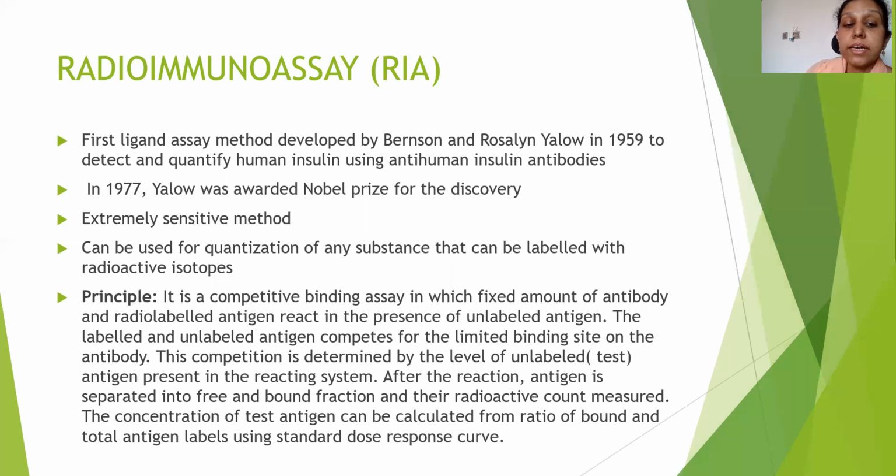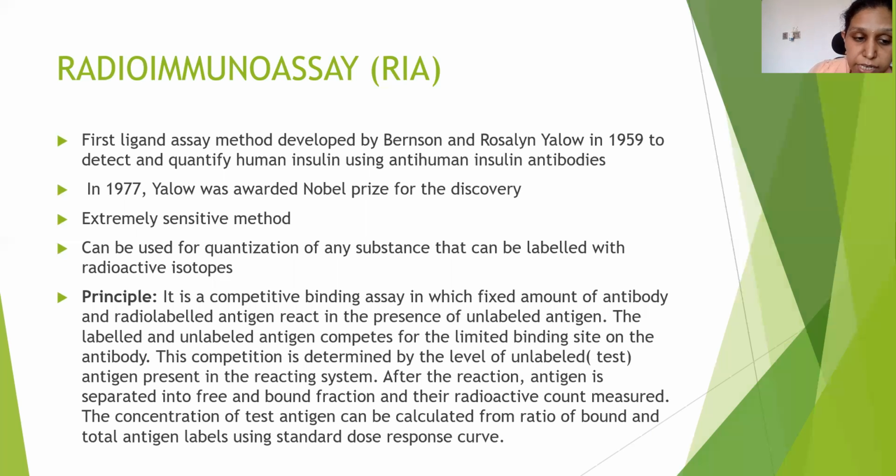It is based on the competitive binding assay, in which a fixed amount of antibody and radio-labeled antigen react in the presence of unlabeled antigen. The labeled and unlabeled antigen compete for the limited binding sites on the antibody, and this competition is determined by the level of unlabeled antigen present in the reacting system.